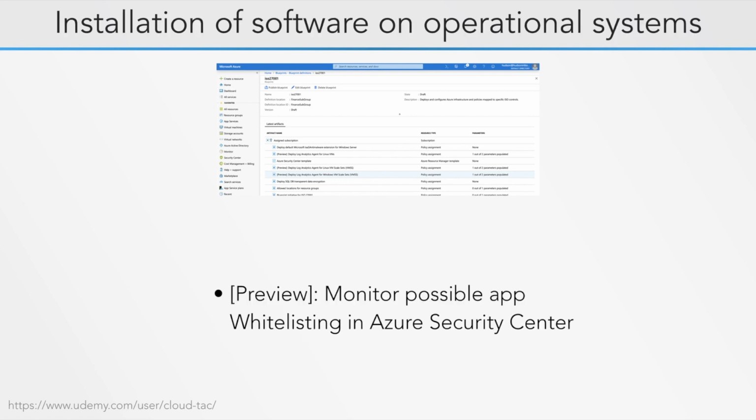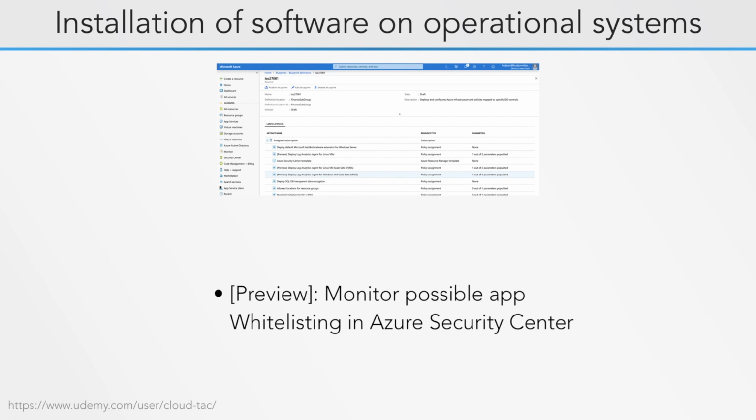Adaptive Application Control is a solution from Azure Security Center that helps you control which applications can run on your virtual machines located in Azure. This blueprint assigns an Azure policy definition that monitors changes to the set of allowed applications.